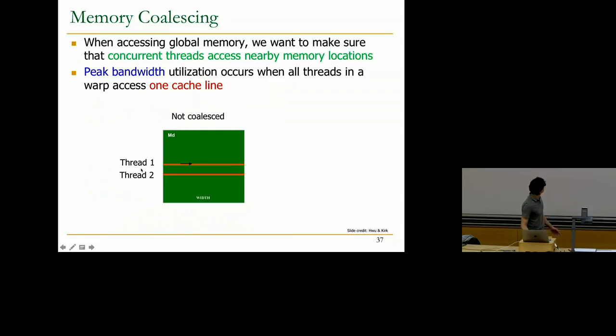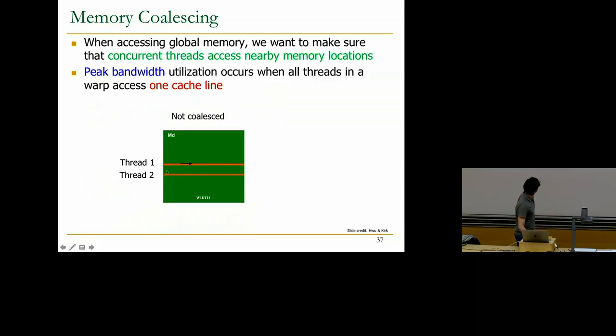So what we could do, for example, is say, okay, let's assign thread 1 to this row, and thread 2 to this row. So what's the problem here? These two probably will belong to the same warp. So if they belong to the same warp, they are executed at the same time, and if they have to access memory, because they need to get data elements from this matrix MD, they will access memory at the same time.